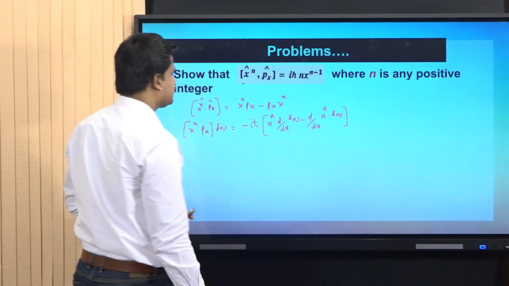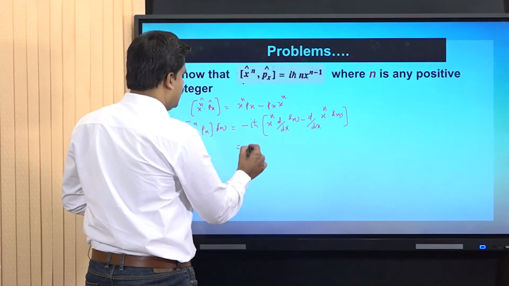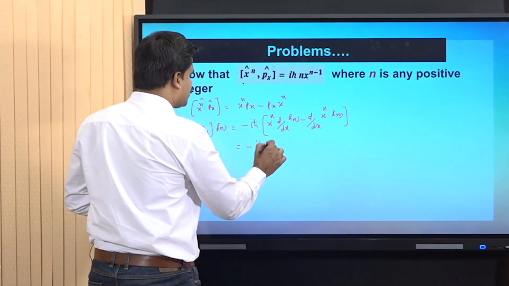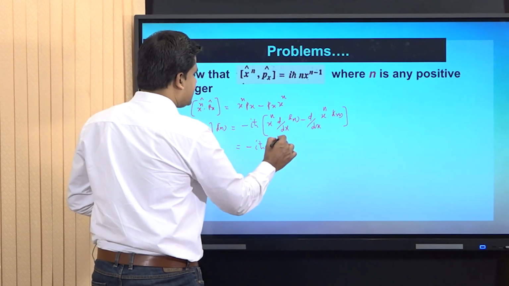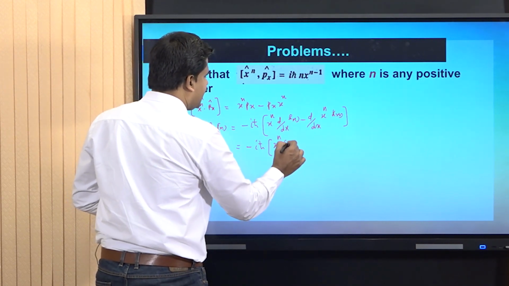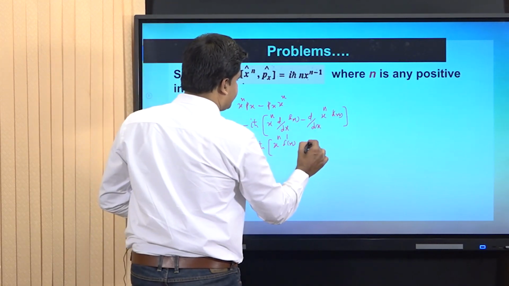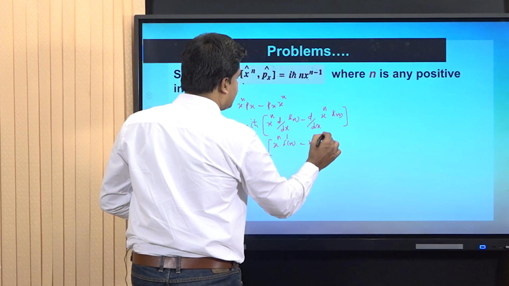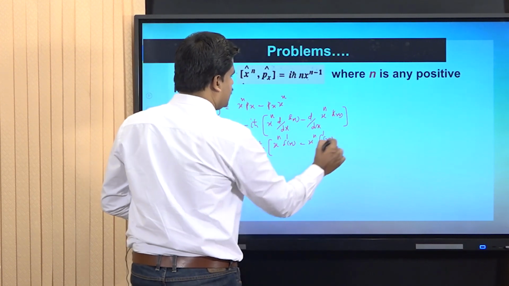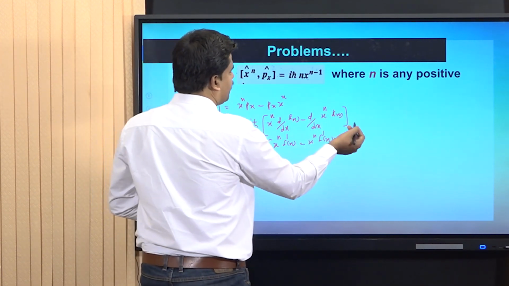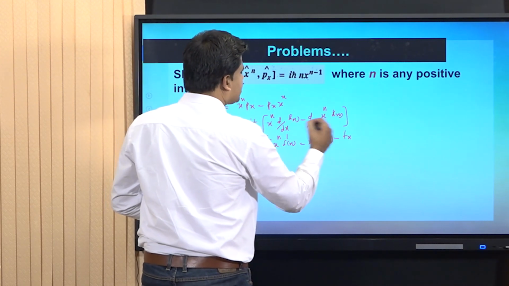That is minus i h cross into x raised to n f dash x minus first function x raised to n into f dash x, minus f of x into differential of the second.